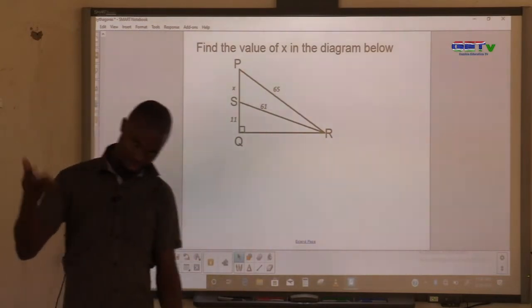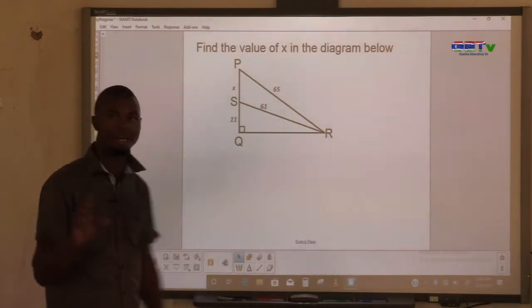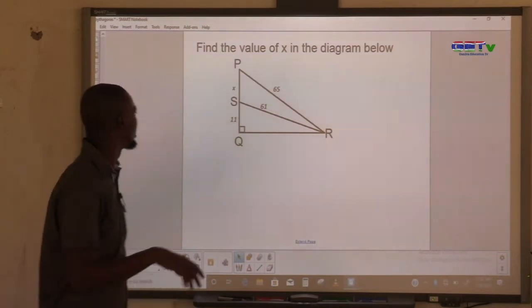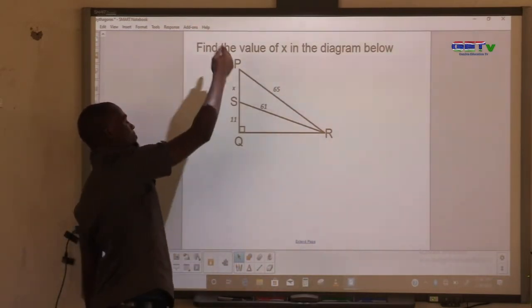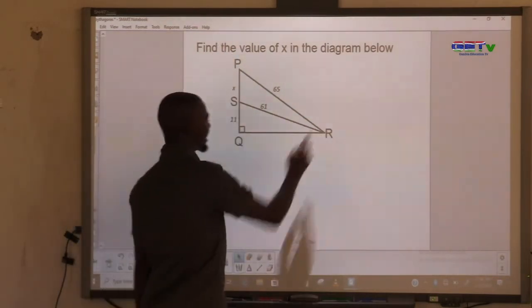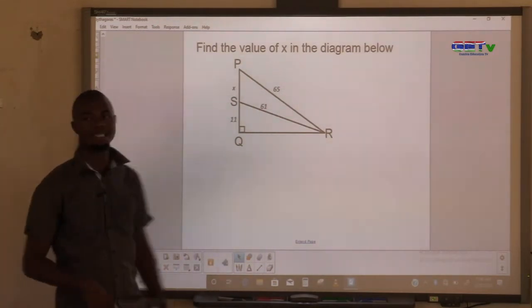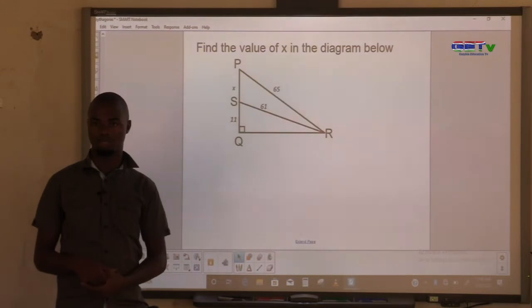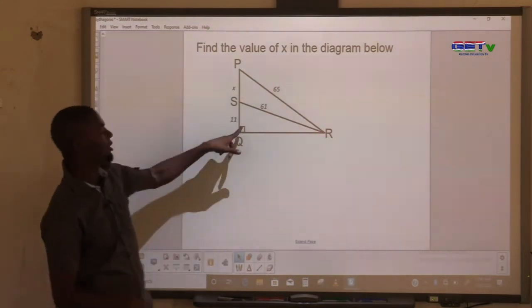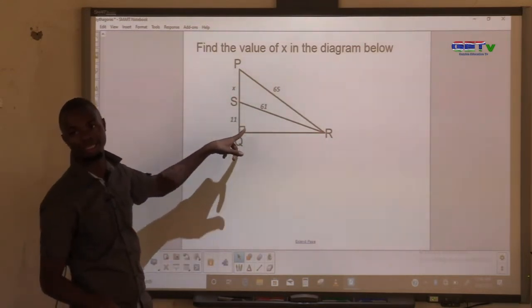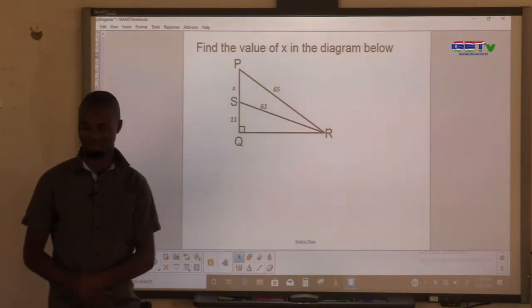Altogether you have about 3 triangles, but 2 of them are right angle triangles. We have triangle PQR is a right angle triangle, and triangle SQR is also a right angle triangle, because this sign here is telling you this is a right angle triangle.